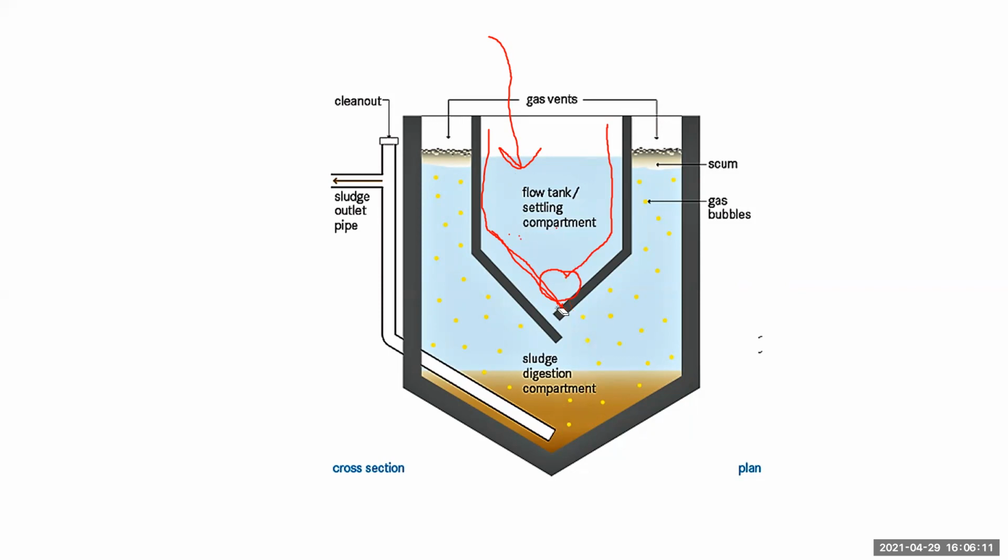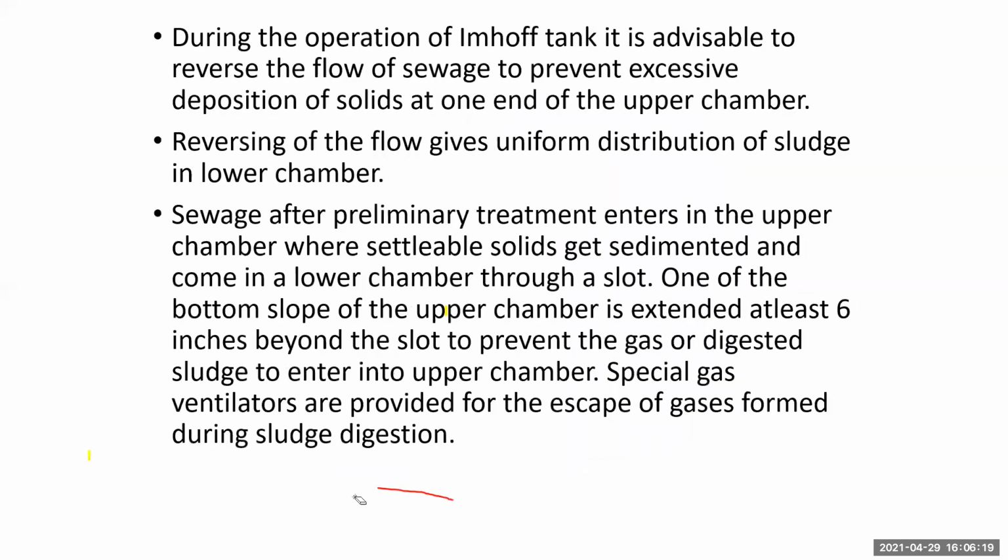Now, what happens after that? One of the bottom slopes of the upper chamber is extended at least 6 inches beyond the slot to prevent the gas or digested sludge from entering the upper chamber.